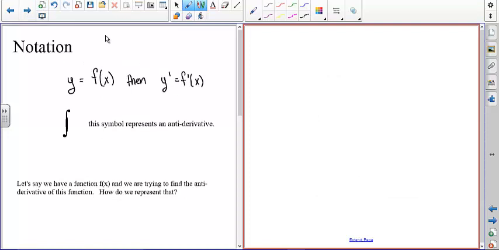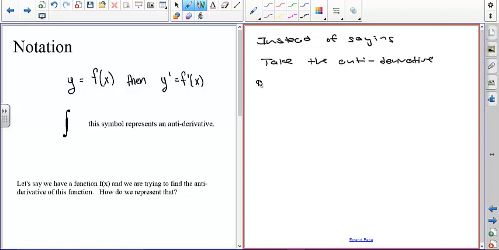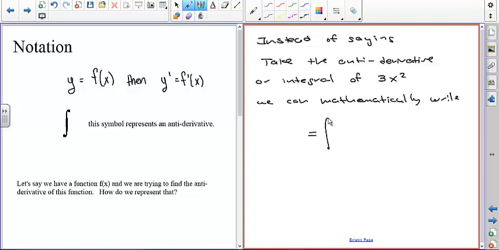So what we do, instead of saying take the antiderivative or integral, okay, you can use those words interchangeably, to take the antiderivative integral of 3x squared, we can mathematically write the integral of 3x squared dx.